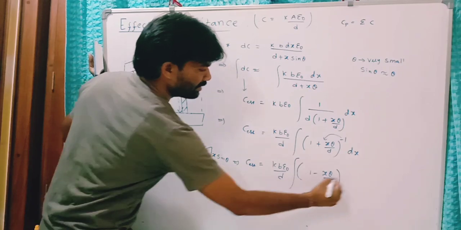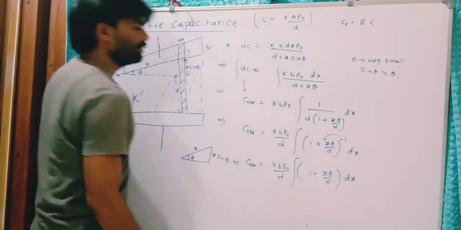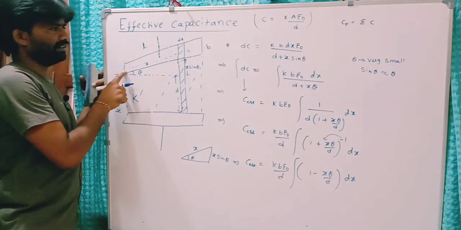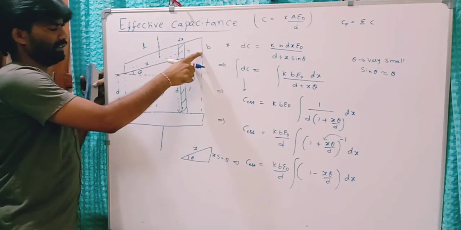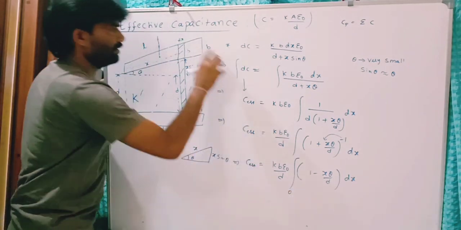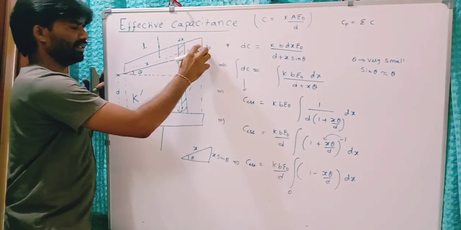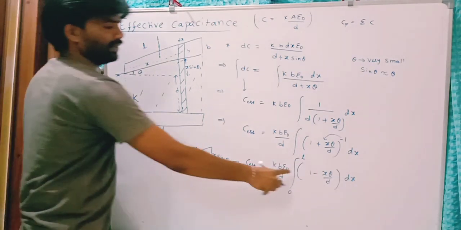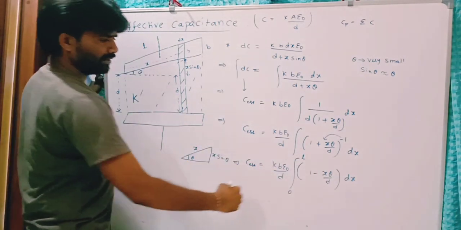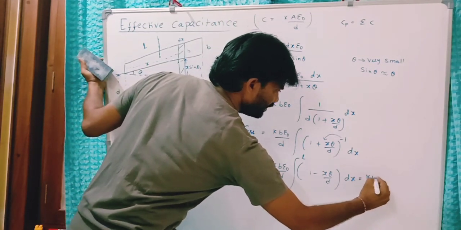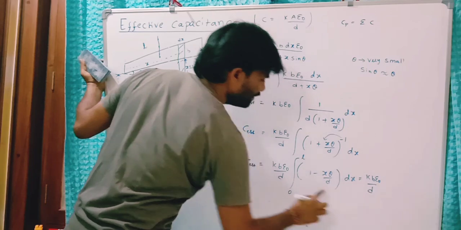Now integration of this. What are the limits for x? The elements start here and the last element is here. For the first element, the distance x value is 0. For the last element located at the second end, the distance is L. Now integrate and apply the limits. I am writing the integration here, K b epsilon naught by d.